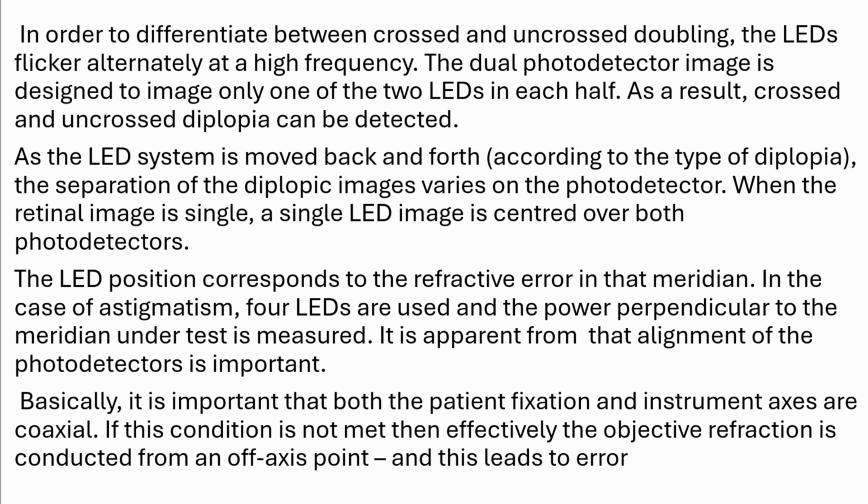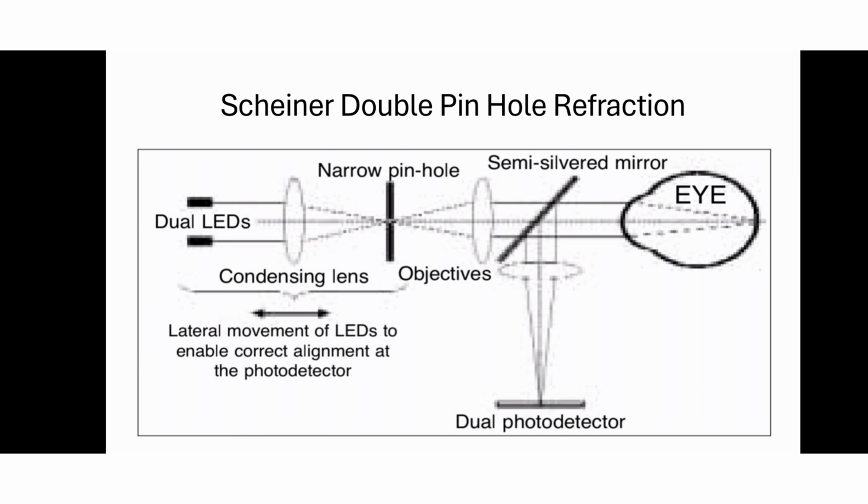According to the type of diplopia, as the LED system moves back and forth, the separation of the diplopic images varies on the photodetector. When the retinal image is single, a single LED image is centered over both photodetectors. The LED position corresponds to the refractive error in the meridian. In the case of astigmatism, LEDs are used and the power perpendicular to the meridian under test is measured.